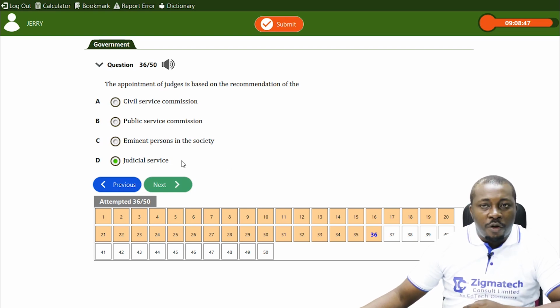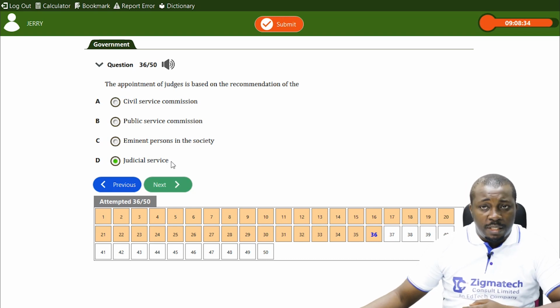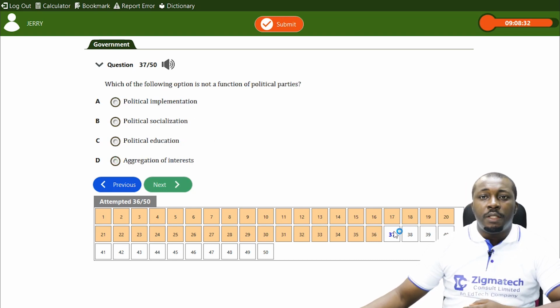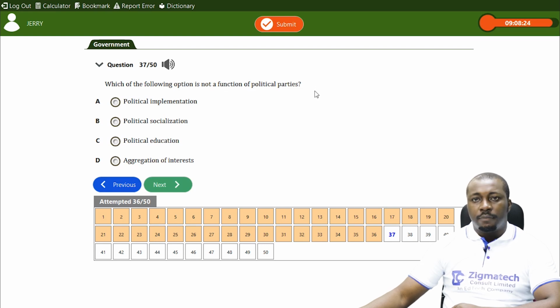It is a commission made up of the judges, the judiciary proper. So it is this body that recommends to the president the right person or persons to be appointed as judges.